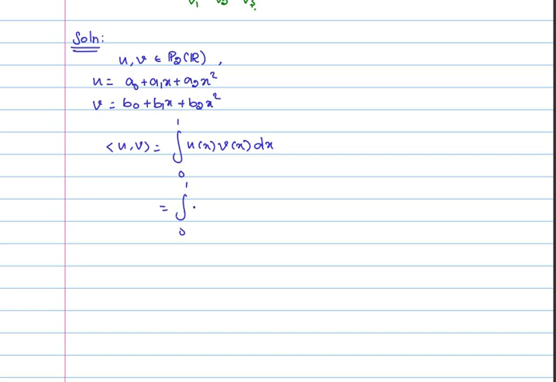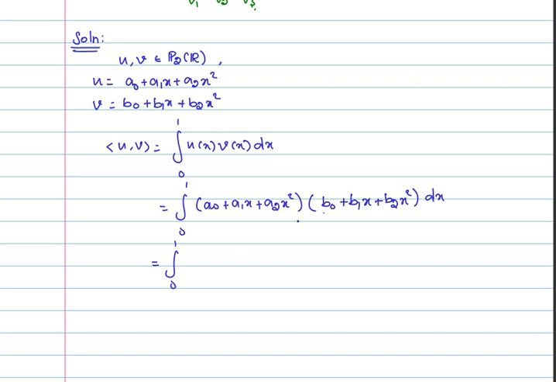It is the integral from 0 to 1 of a0 plus a1 x plus a2 x square, times b0 plus b1 x plus b2 x square, dx. Now I multiply together.